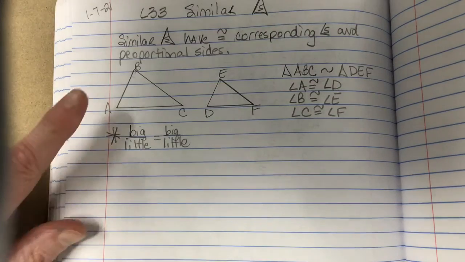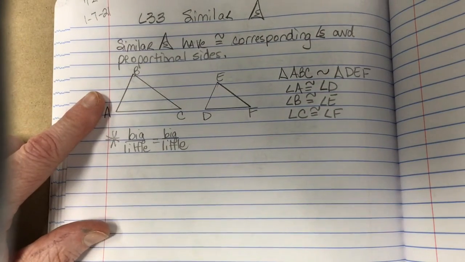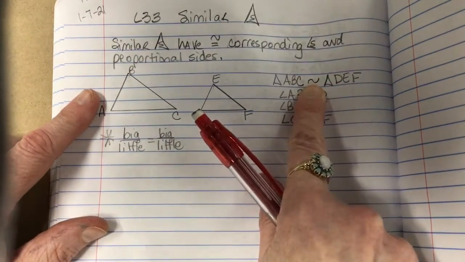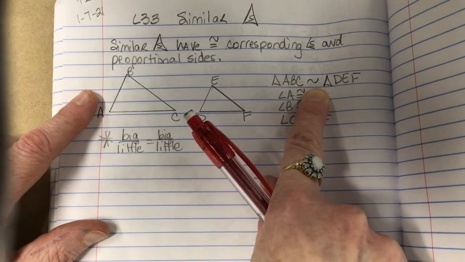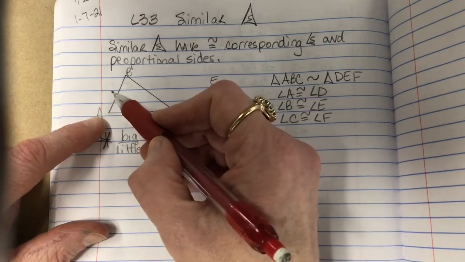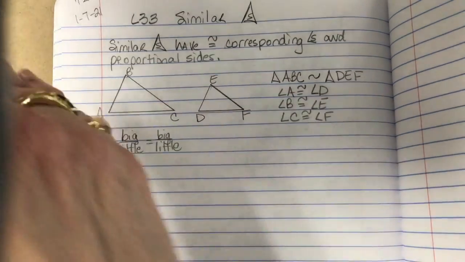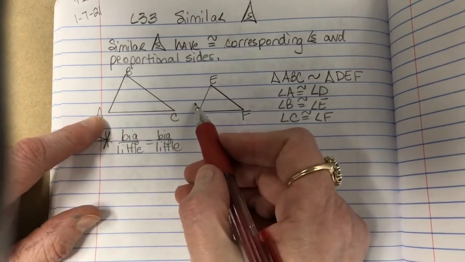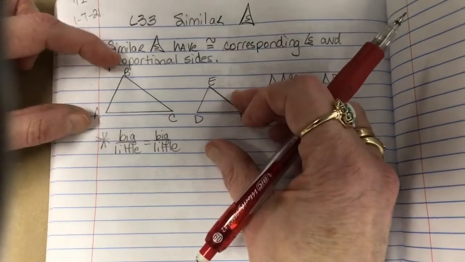Now, you can do it from the picture, but it's probably easier to do it from the letters. Because I know whatever the measure of AB is, if that's 10, then this one is going to be proportional to it. It might be 5. It might be 8. We know it's smaller.